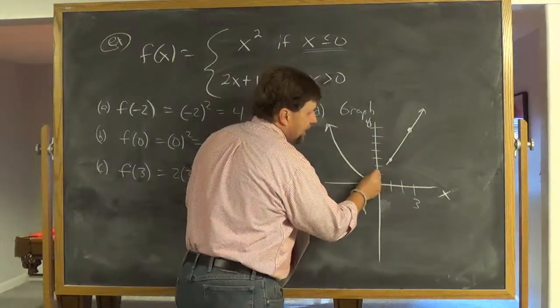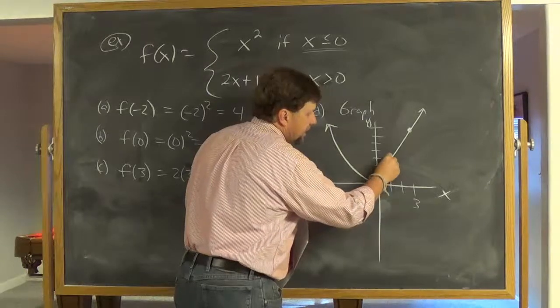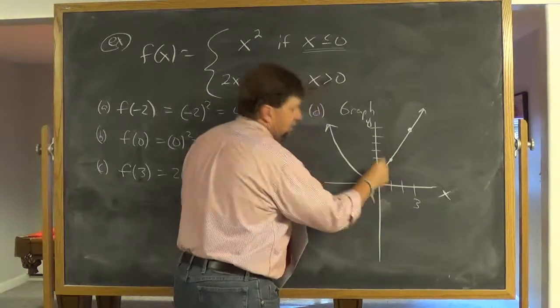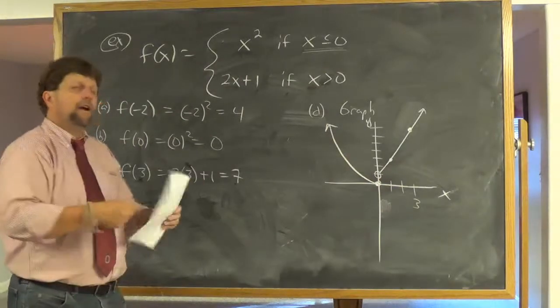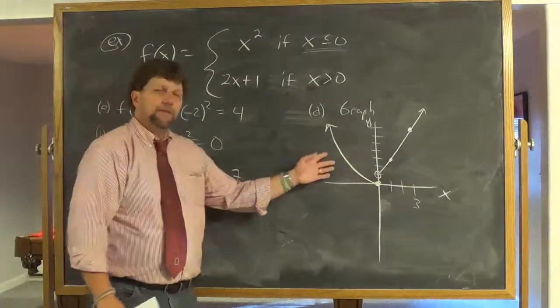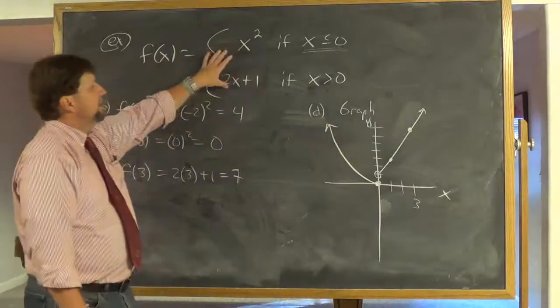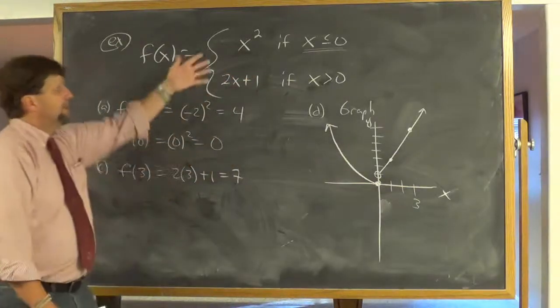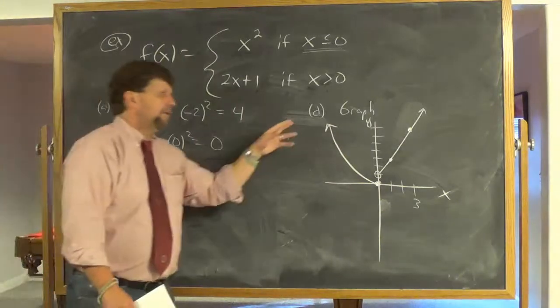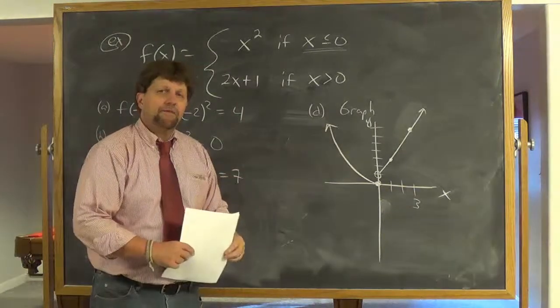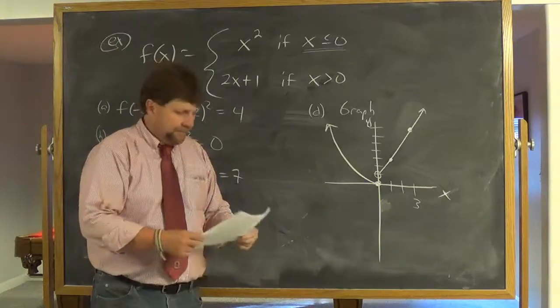So I have to put an open circle here, and boom, that's how I would construct the graph of this piecewise defined function. To wrap it up, you should be able to evaluate piecewise defined functions, and I know a couple of problems will ask you to graph them.